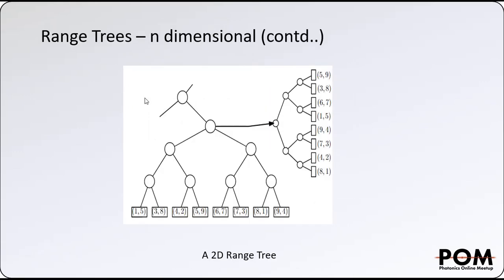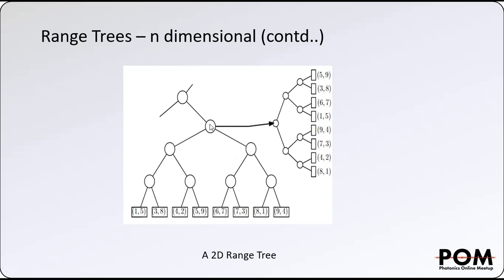If it's a 2D range tree, it will start from its root node and find the node which lies within the range.